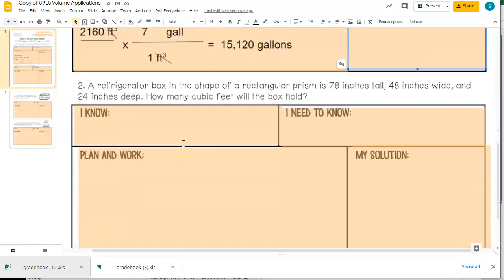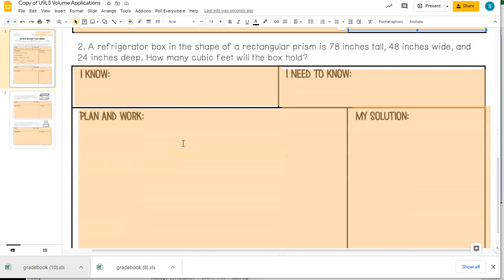All right. Now we're going to do another one. A refrigerator box is in the shape of a rectangular prism again. It's 78 inches tall by 48 inches wide and 24 inches deep. How many cubic feet will the box hold?